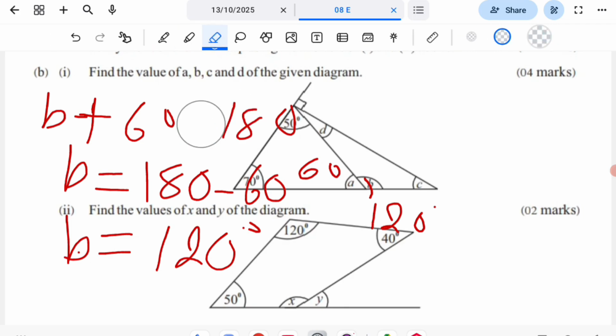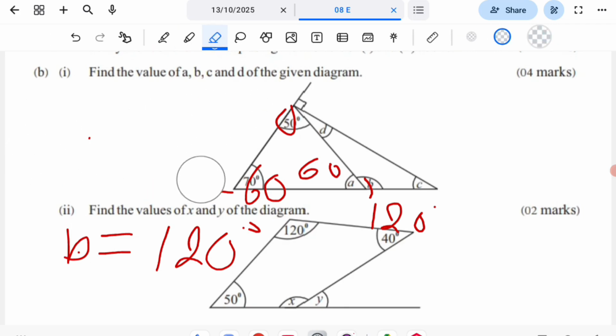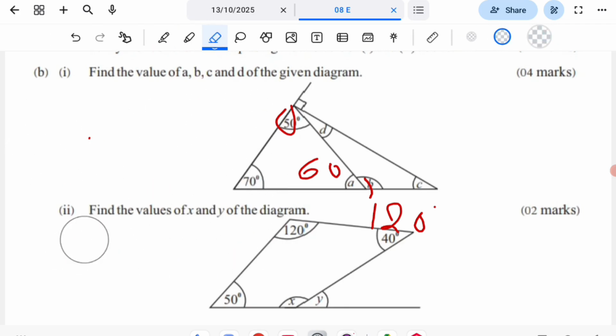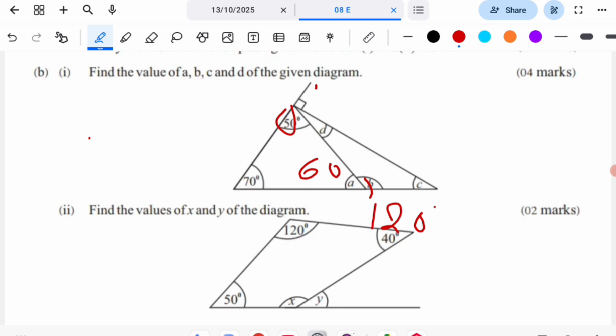Then we can find the c angle. When finding the c angle, we know that this one is 90. Therefore, this full angle is also 90.